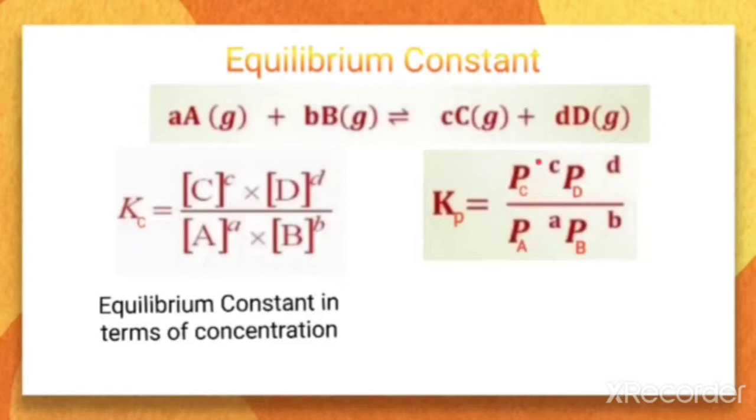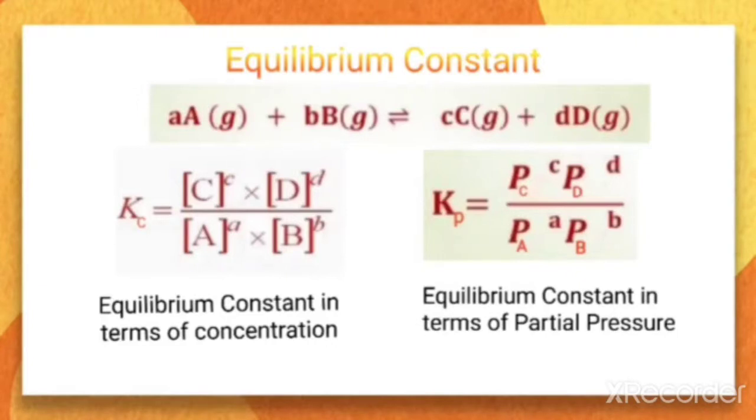You can see that for the partial pressure of C the power is c, the stoichiometric coefficient, and similarly for the others. So here the partial pressures are raised to their stoichiometric coefficients. This is called Kp, the equilibrium constant in terms of partial pressure.